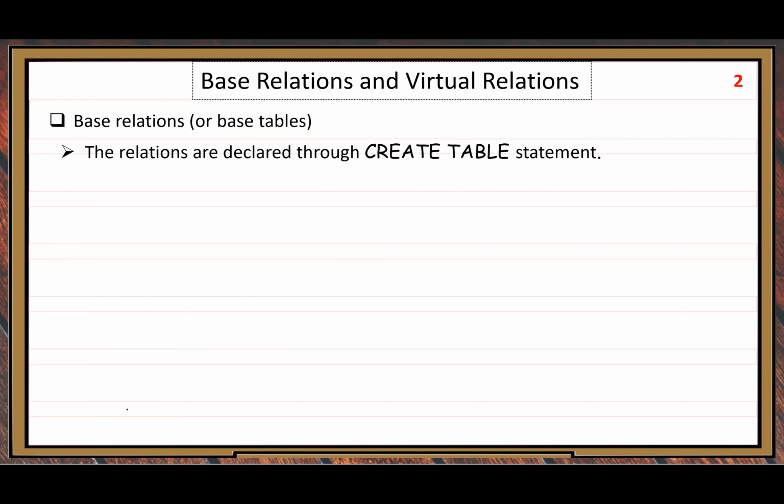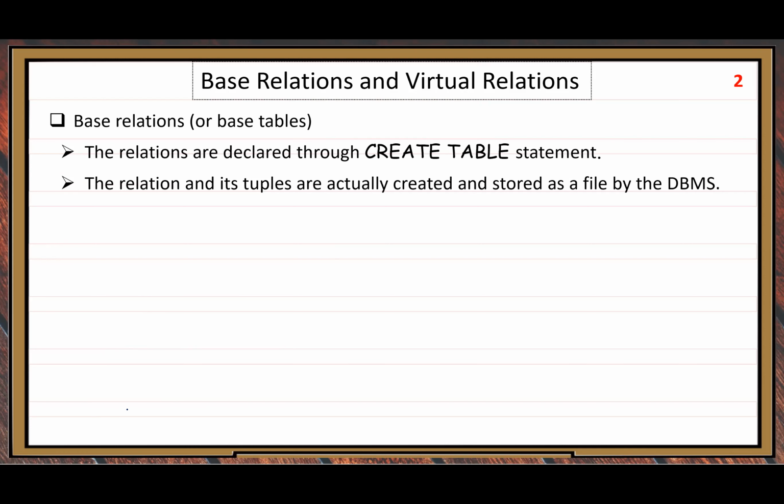Just our regular, physical tables. The relation and its tuples. This word, tuple, means the row. Each row contains multiple fields, and the order of those fields is important. Later we will discuss that.